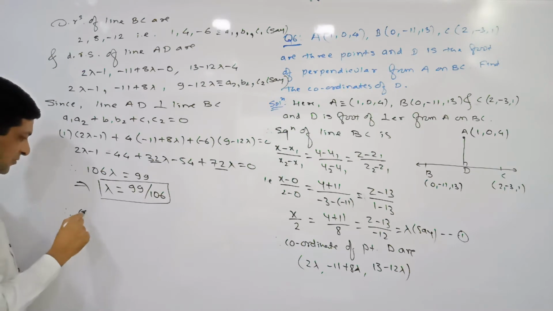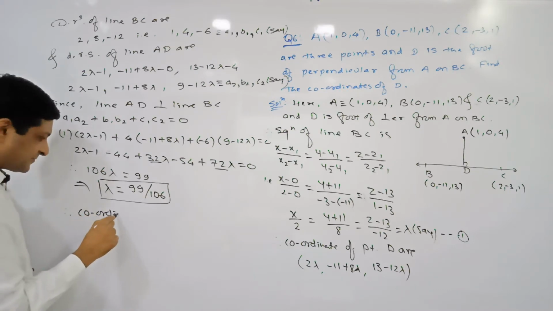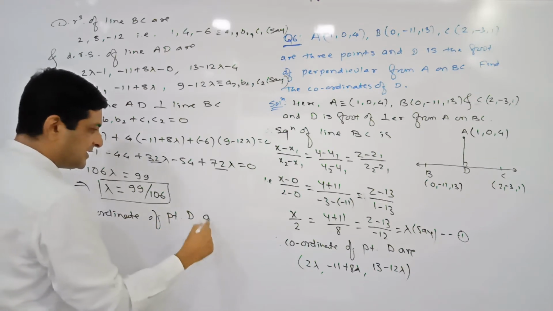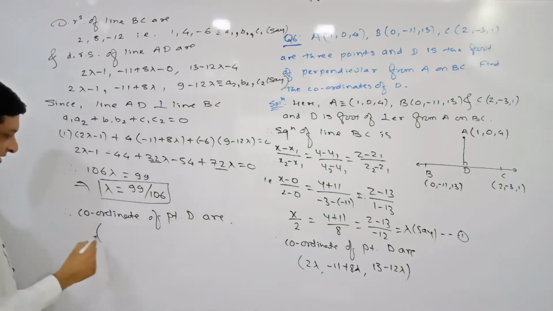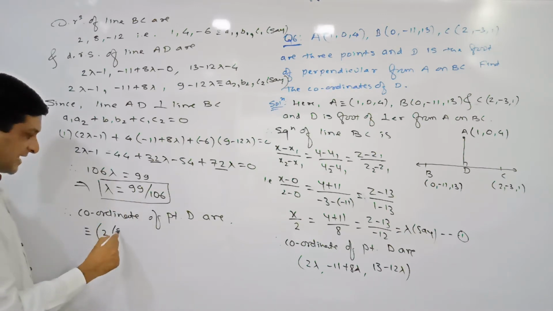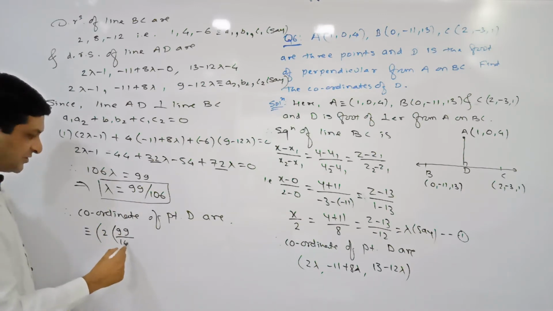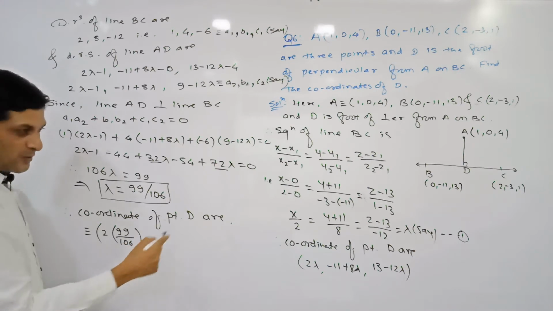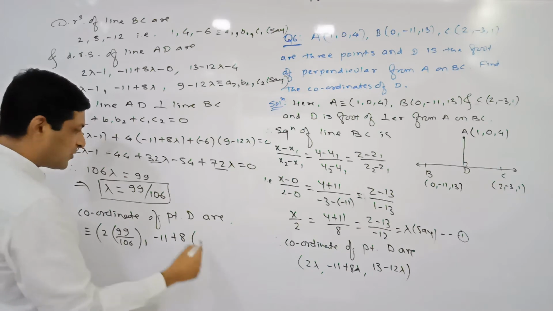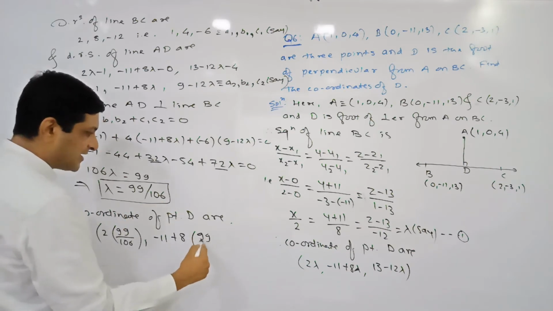Therefore the coordinates of point D are: the x coordinate is 2 into lambda, with lambda as 99 upon 106. The y coordinate is minus 11 plus 8 lambda, with lambda 99 upon 106.